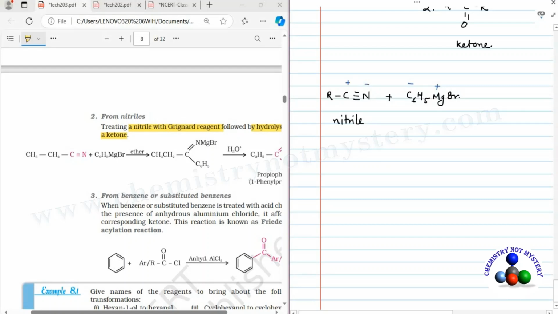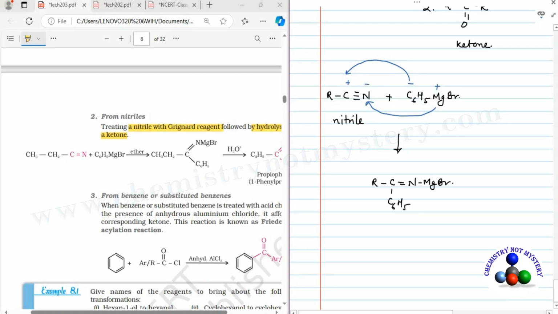So this C6H5 will get attached to the carbon and Mg will get attached to the nitrogen. Now let's draw the structure. This is R, C, and here you have to attach C6H5, and this is nitrogen doubly bonded to carbon. This nitrogen will get attached to MgBr.